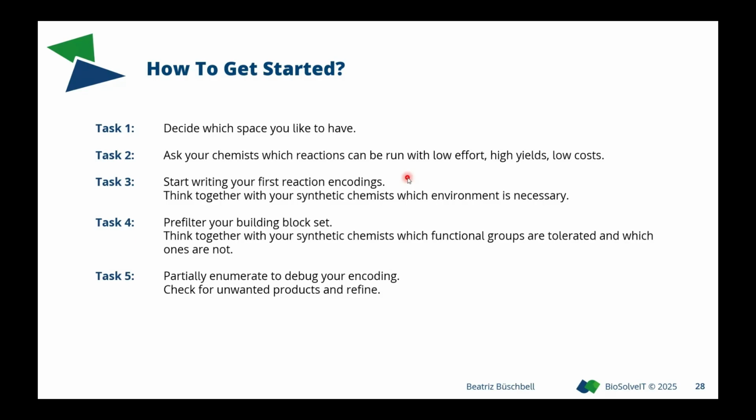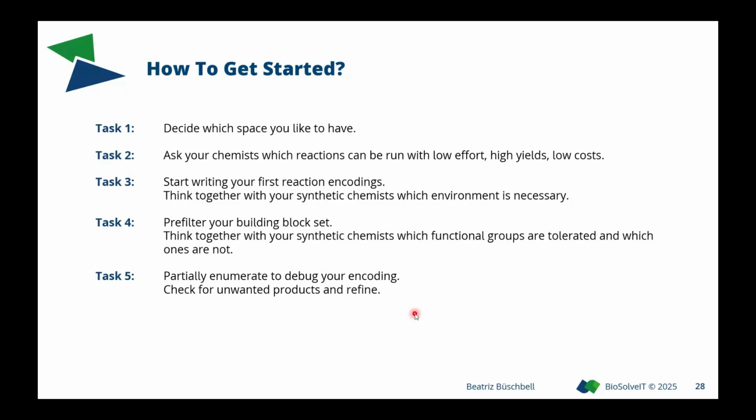Yes, the next point is also to pre-filter your building block set. You should not just take your building block set, put it in, and then everything will be fine. You can also use pre-filters, things that you don't want to have or that will definitely not work. And also there, it's a group project, so you should ask your synthetic chemists which functional groups are tolerated and which ones are not.